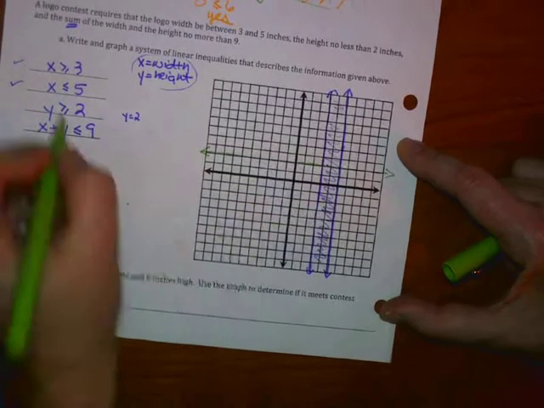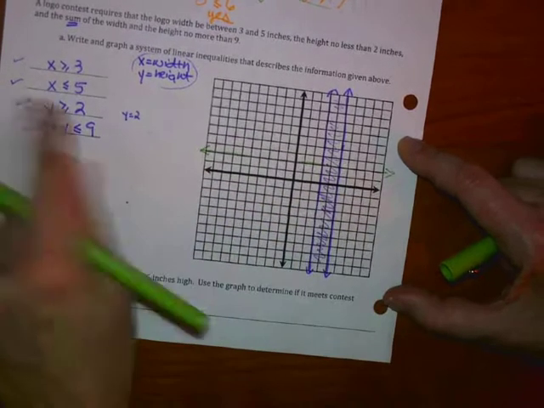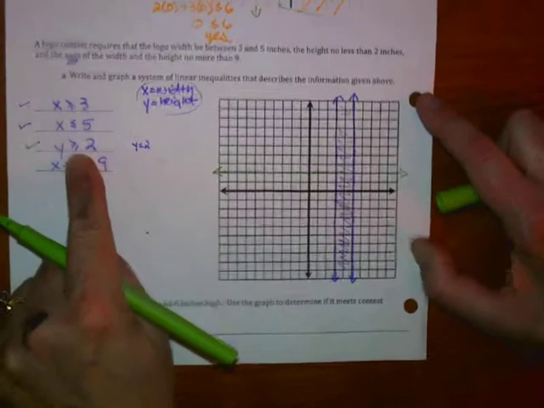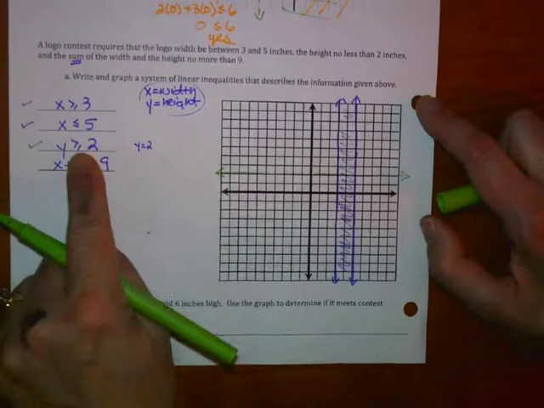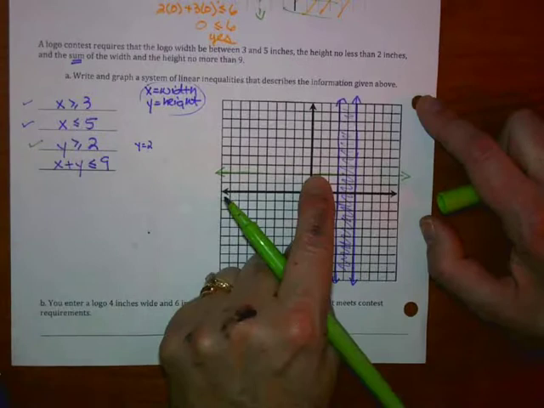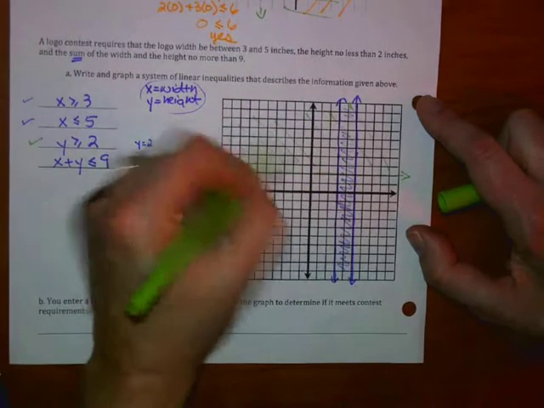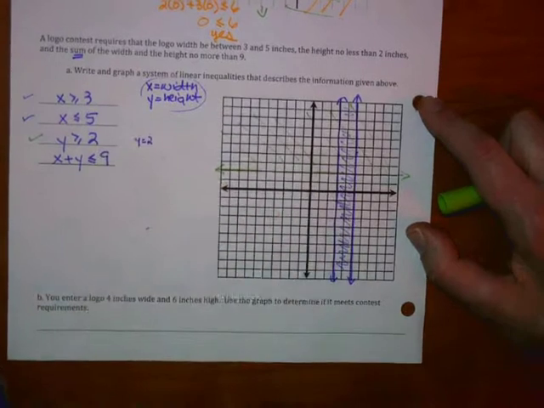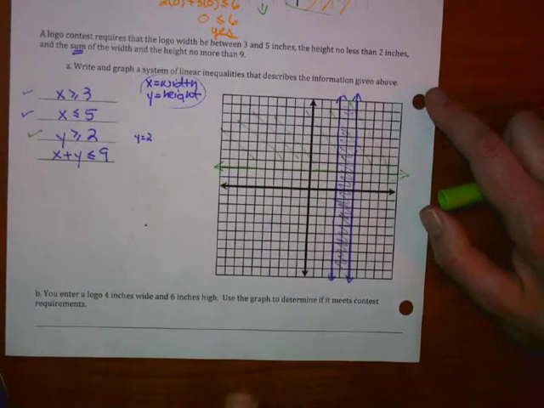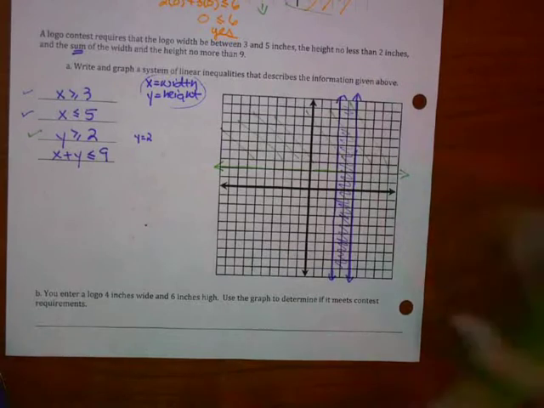And then I've got to decide what the shading is. So it says all the y's are greater than 2. So I'm going to shade above that line. Now remember, don't do too much heavy shading because ultimately you're looking for the overlapping. And you won't be able to see it if you shade too hard.